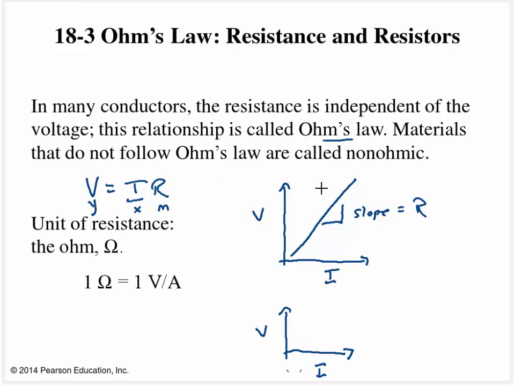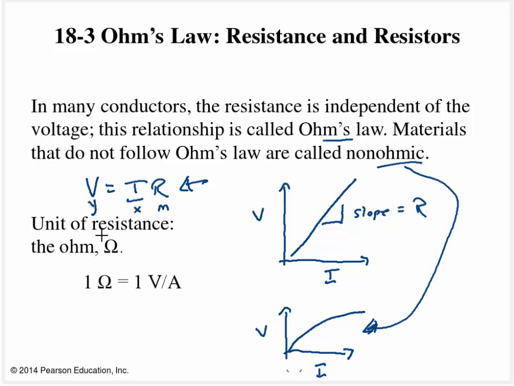So I would call this an ohmic device. A material whose resistance changed with voltage, maybe it does something like this. It's not going to have this nice neat slope. It's not going to follow Ohm's law. So this bottom one is what we would call non-ohmic.